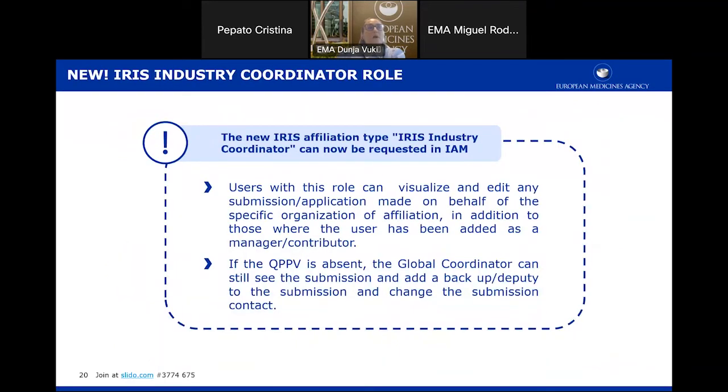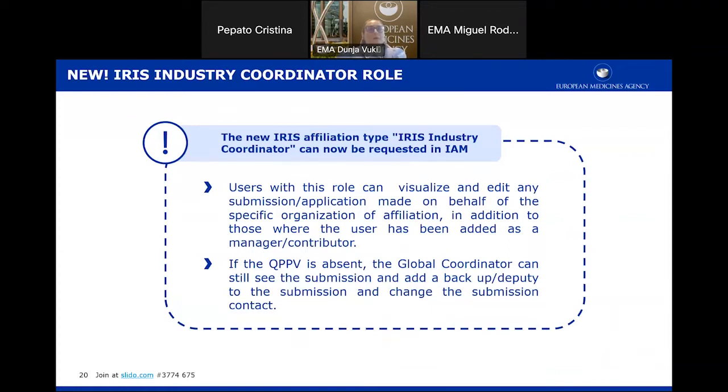There is also a new IRIS Industry Coordinator role, which can help manage submissions. You can also request this one in the EMA account management system. This role can visualize and edit any submission and application made on behalf of your organization. This is in case of GVP inspections.